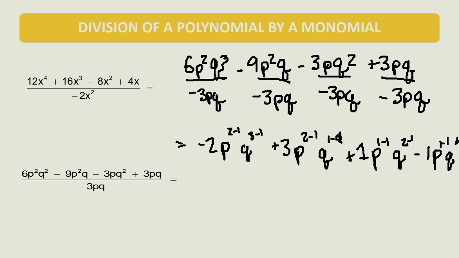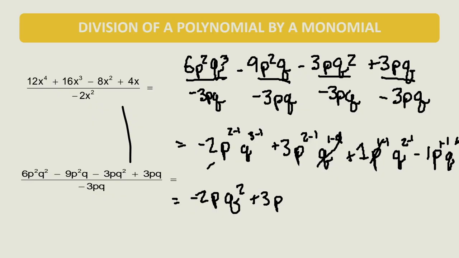Okay, so I get negative 2, and then I get p to the power of 1. We'll just leave it like that. Q squared. Okay, so negative 2p to the 1, q squared, plus 3p, 2 take away 1 is 1, q to the 0, but you know what? I'm just going to cancel it out. I'm going to cancel this one out too, and I'm going to cancel these two out. You could have also done it up here if you wanted.